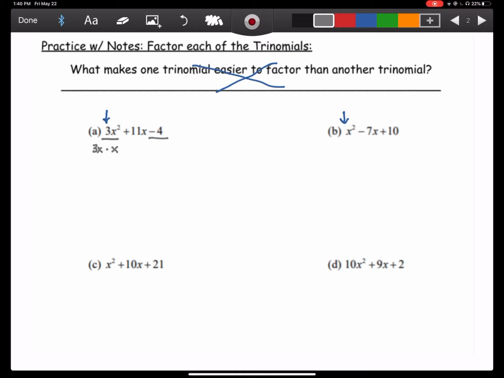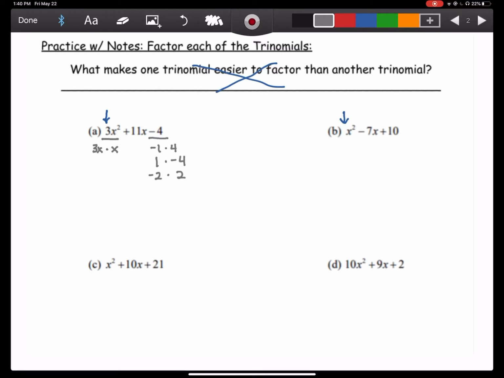For -4, however, we have -1 times 4, that's a positive 4. We have a positive 1 times -4. And then we have one other option, which is -2 times positive 2.